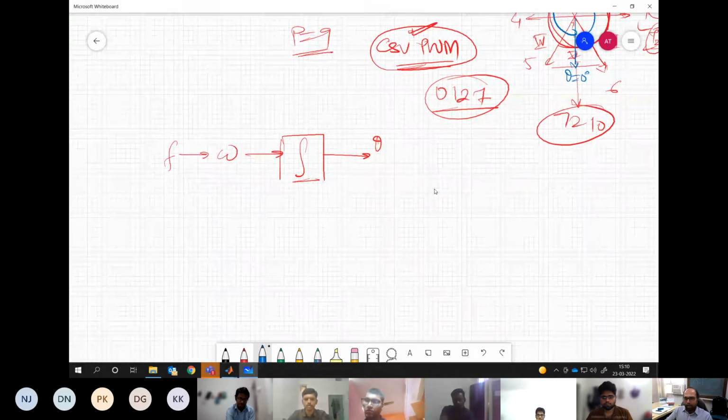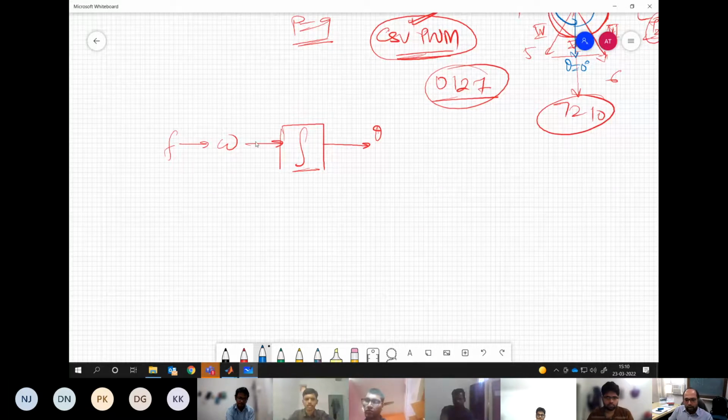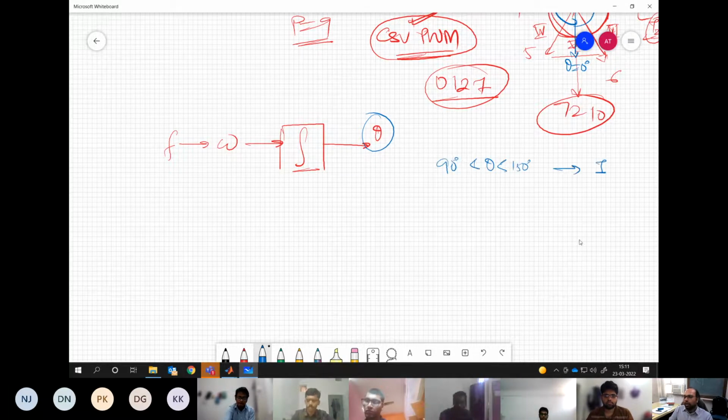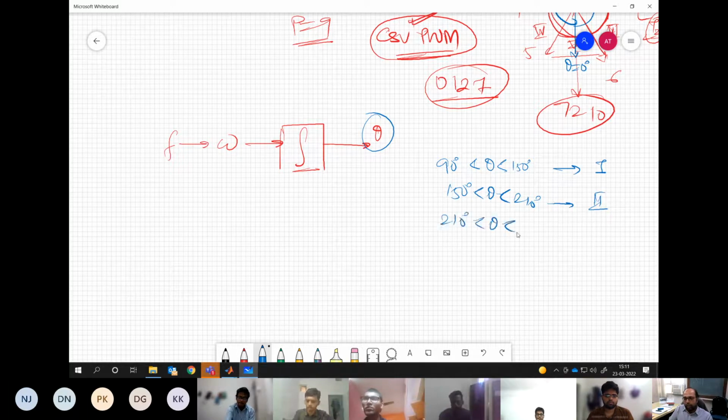Now, we know this theta, then we can say that if my theta is within this boundary, it belongs to sector 1. If it is within 150 to 210, it is sector 2. If it is 210 to 270, it is sector 3.